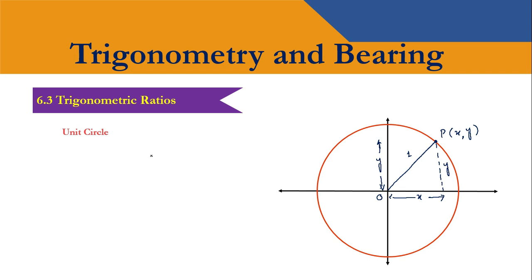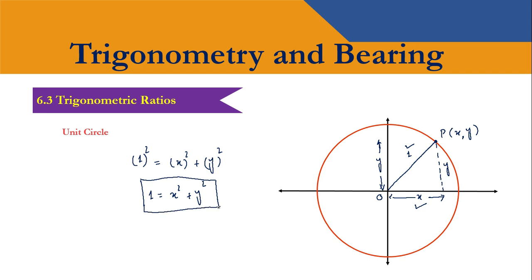The hypotenuse squared, the square of 1, should be equal to the square of the base of the triangle plus the square of the perpendicular of the triangle. So x squared plus y squared is equal to 1. This is known as the equation of the unit circle in the coordinate plane.